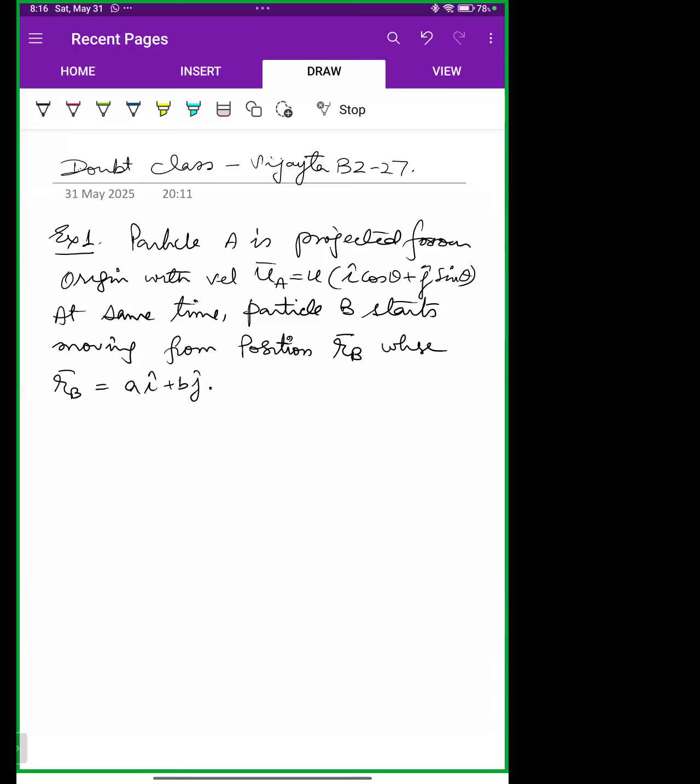I will draw that in the diagram. And with a constant velocity VB is equal to Vx I cap plus Vy j cap.